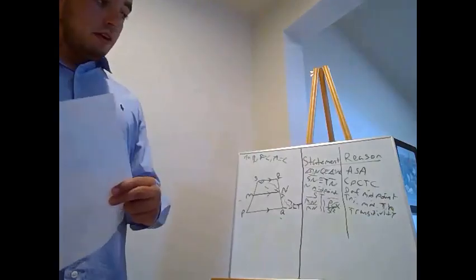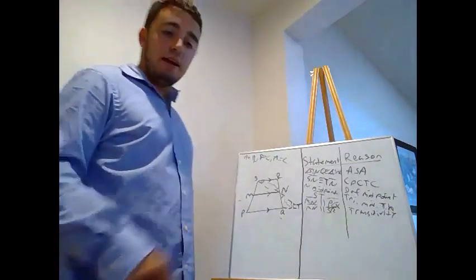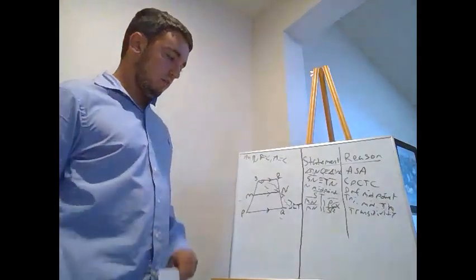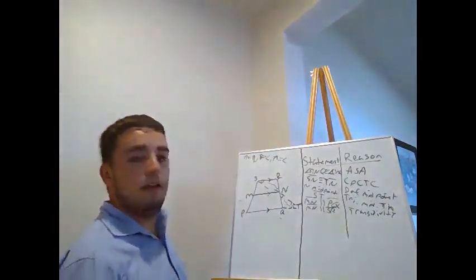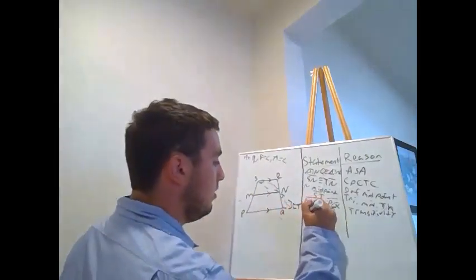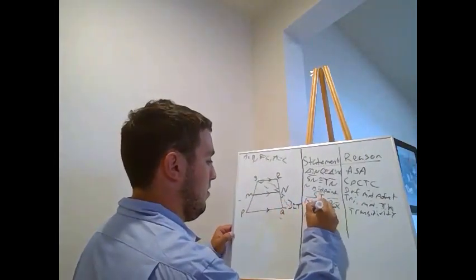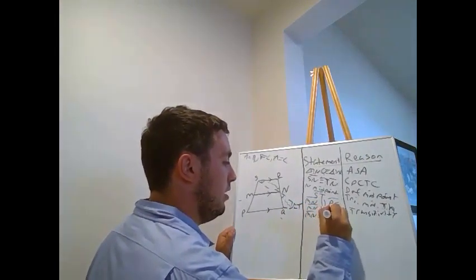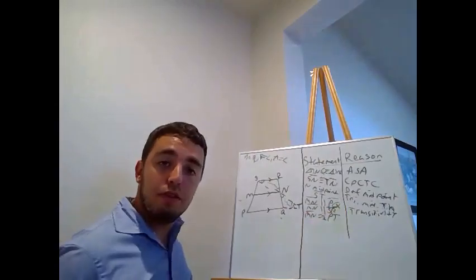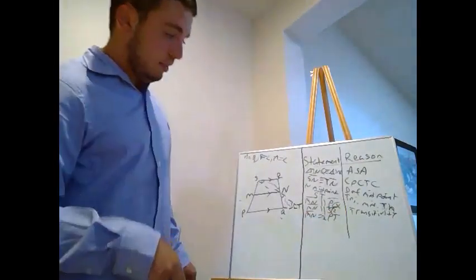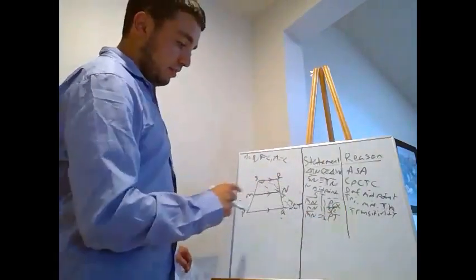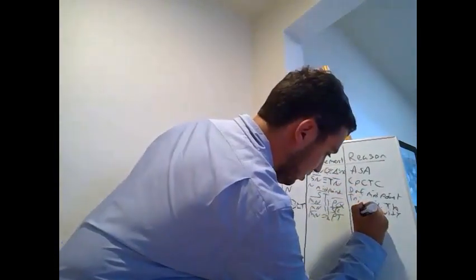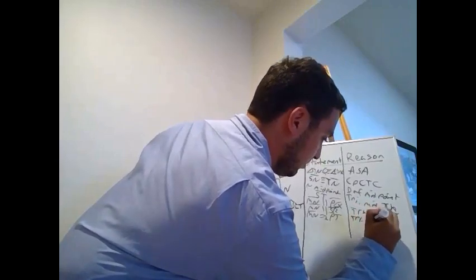But another thing that the triangle midsegment theorem is going to tell us is that MN is going to be half of PT. That is one other thing that the triangle midsegment theorem tells us, that it is half the length of PT. So our reason will be midsegment theorem.